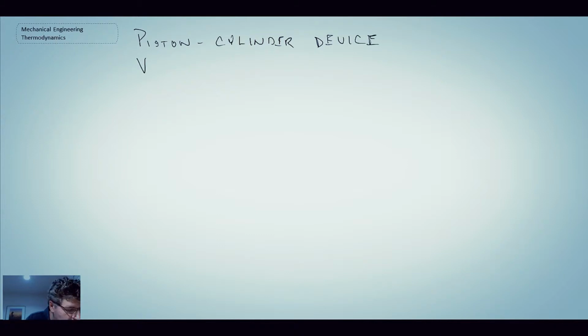We know that the volume of the liquid is 0.1 meters cubed, and the volume of the vapor phase is 0.9 meters cubed. We know that we're told it's a constant pressure process, and consequently P1 and P2 will be the same, but it is 800 kPa.